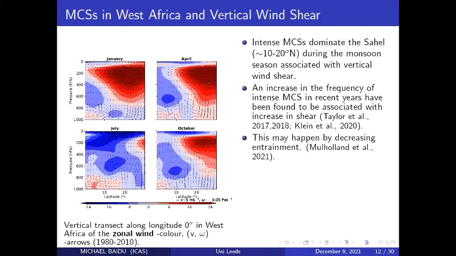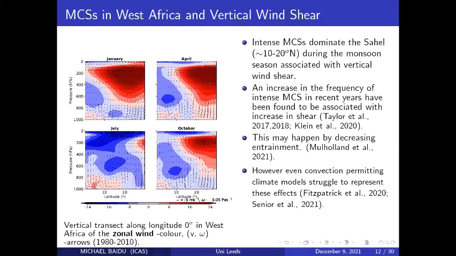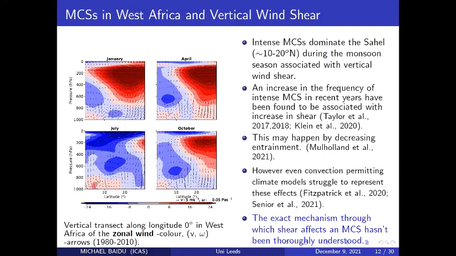So the strong shear is decreasing entrainment, and that is the reason why. However, even convection-permitting climate models struggle to represent this effect. And the reason is that the exact mechanism through which shear affects MCSs has not been thoroughly understood. And that is the motivation of this part of the work.